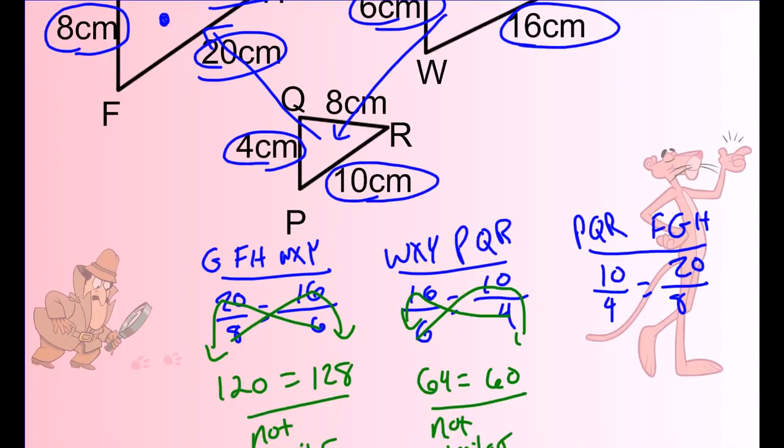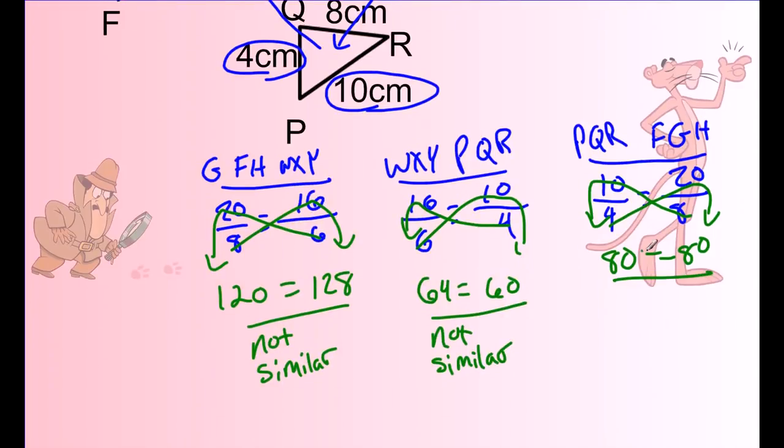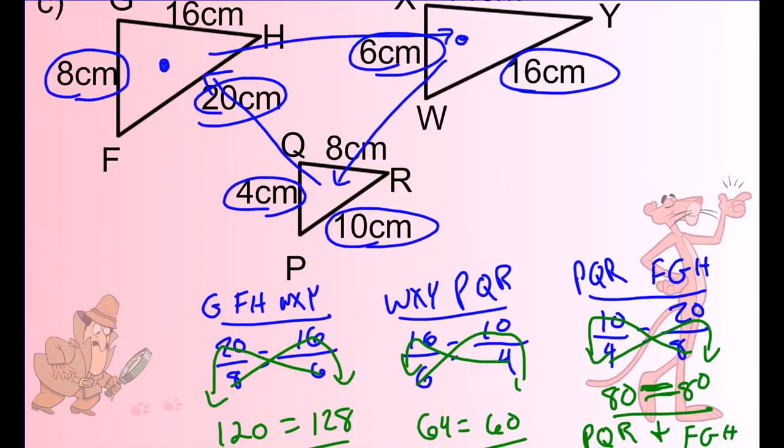All right, let's cross multiply here. 8 times 10 is 80. 4 times 20 is 80. Yes, we found it. Those two triangles are similar because their sides are in proportion. Because the sides are in proportion, they are similar.